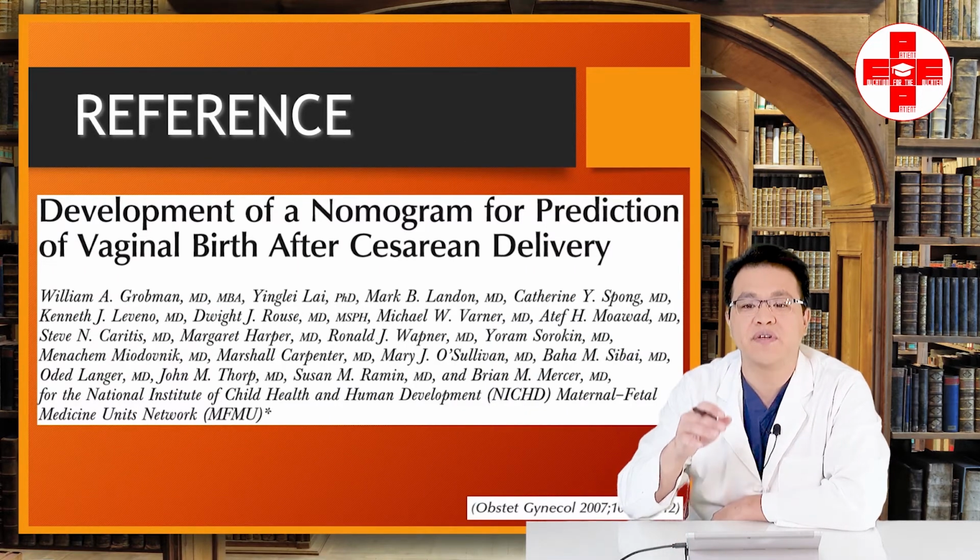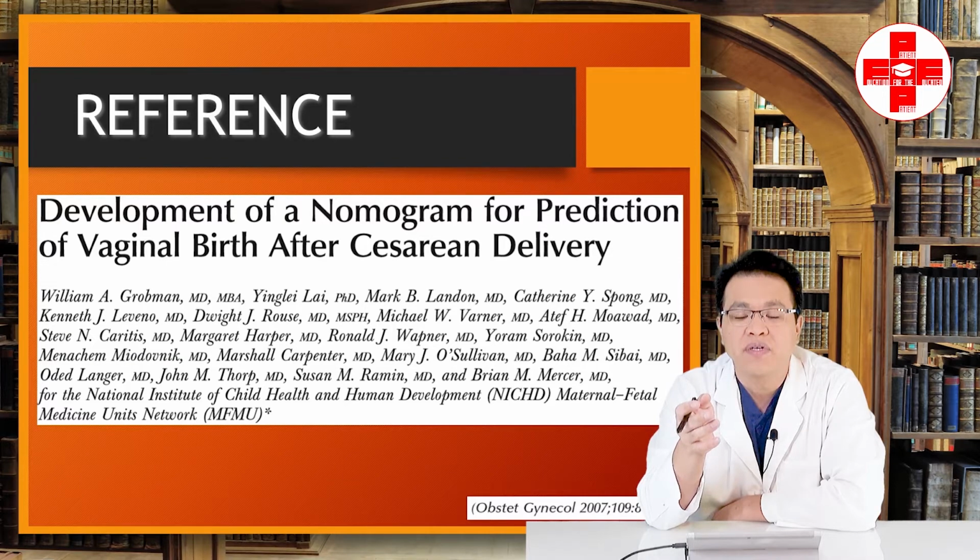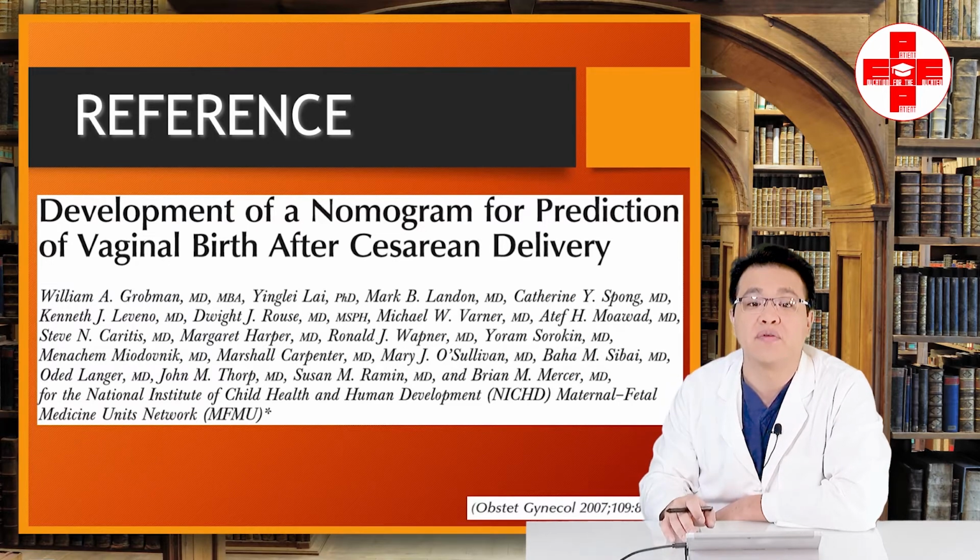So here's the reference. This is the paper that we're citing, and this is a publication again from the Maternal Fetal Medicine Unit Network. This was published in 2007 in the journal Obstetrics and Gynecology, also known as the Green Journal.